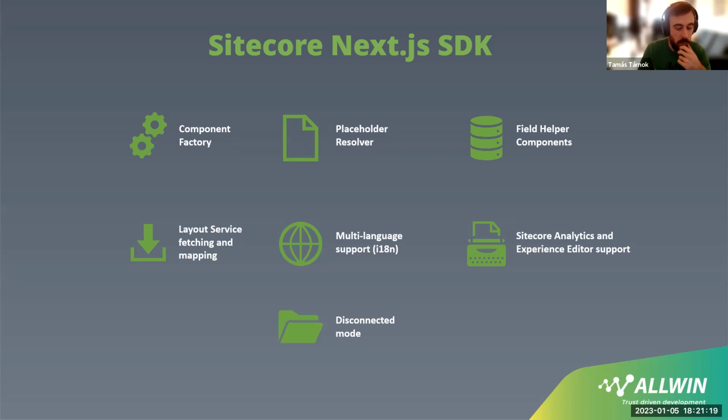This is really useful when, for example, the Sitecore development is in parallel with the front-end, because we can easily work together and not block each other with this feature. I will also tell a bit more about this one, how we used it.